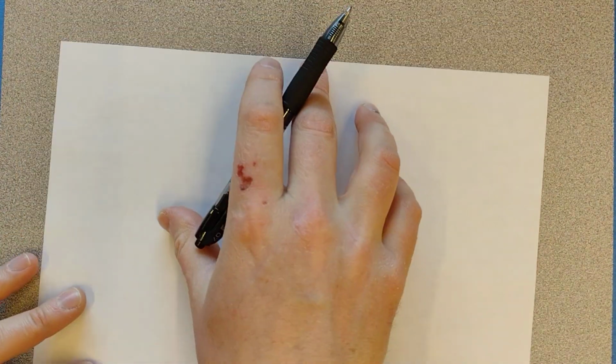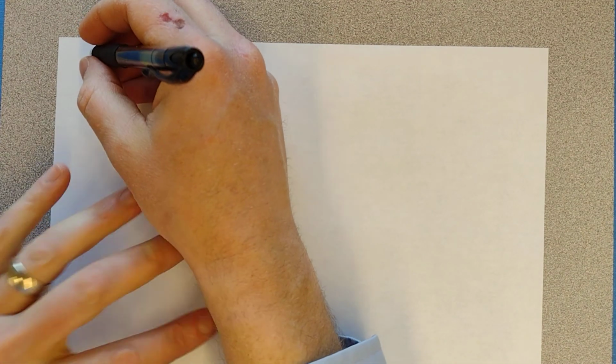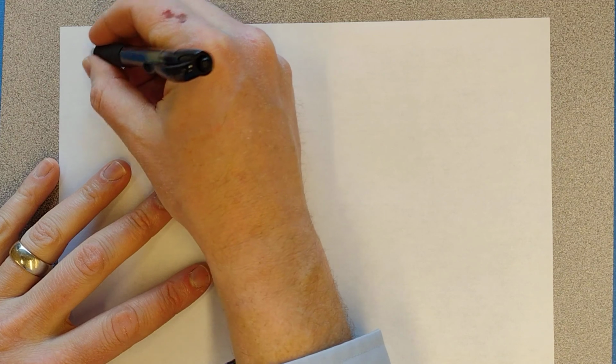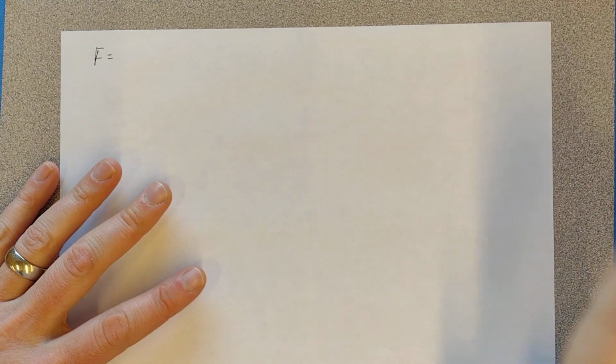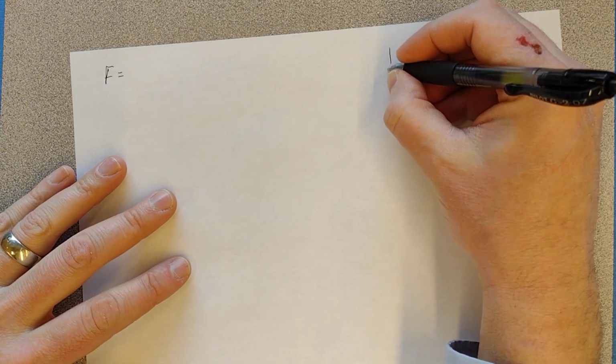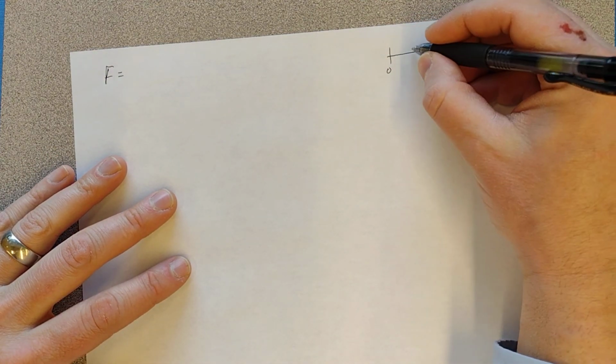All right, so now let's look at a pure force position function. So we could have some force that increases as you move. So let's say this is our origin, in physical space.